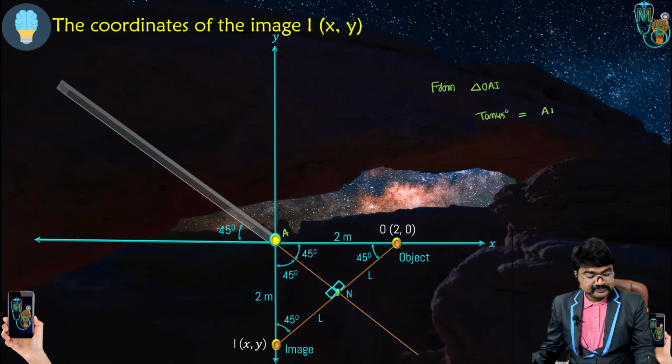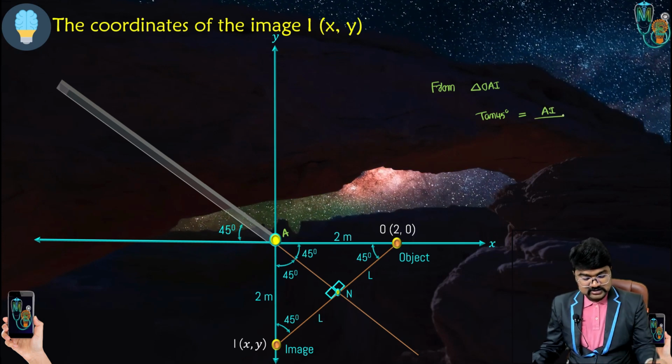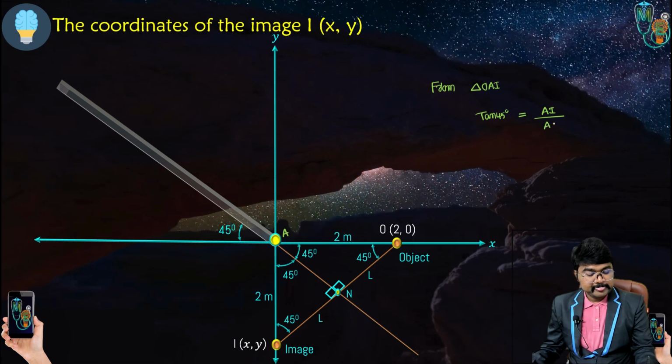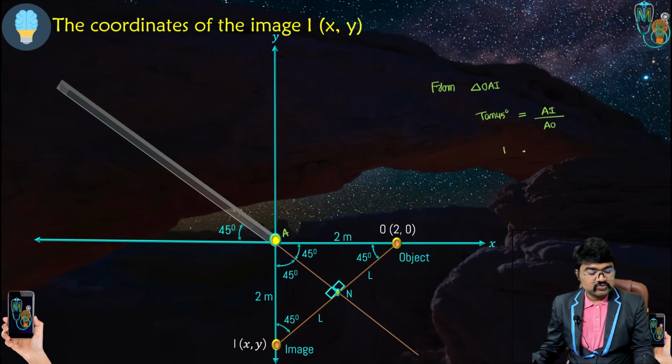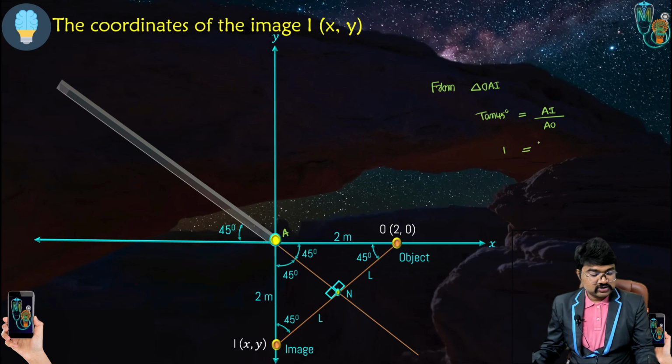AI by AO. Tan 45 degrees equals 1, so AI equals 2 meter.